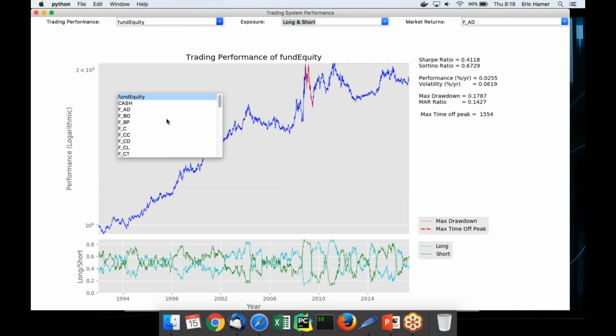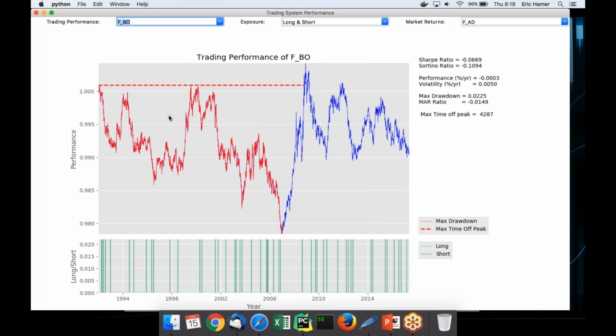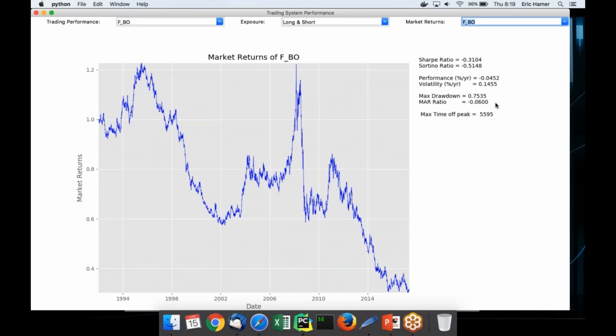So here we can see that soybeans have not done particularly well. As a point of comparison, I can also bring up exactly what the soybean futures have done in this same time frame. So we can see that obviously for this time period, this is not a futures that has done well at all.